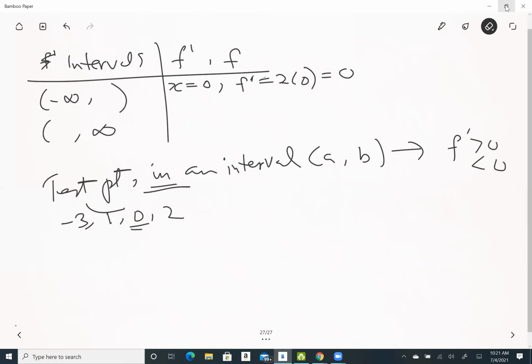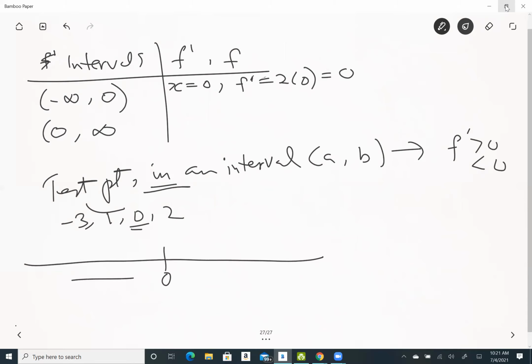So now 0 is out as a test point. If I go back to the number line, here is 0, and then you have one interval to the left and one interval to the right, which I already listed. Now give me a test point. One point is -3.